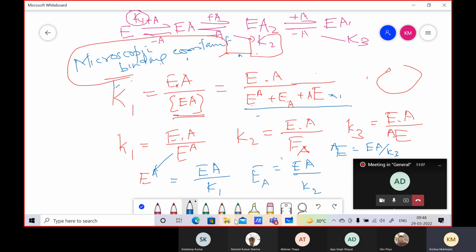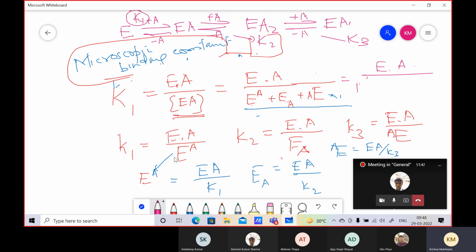So what will happen, tell me? This is simple Ohm's law, parallel. So what is EA? EA upon k1, so take EA common, then it is equal to E into A upon EA times 1 upon k1 plus 1 upon k2 plus 1 upon k3.